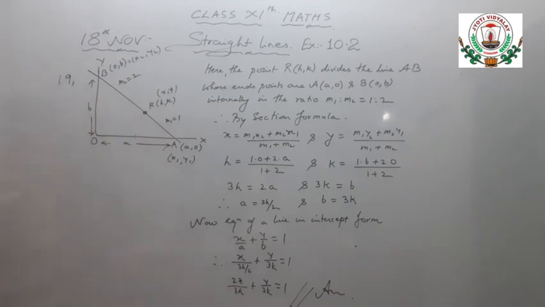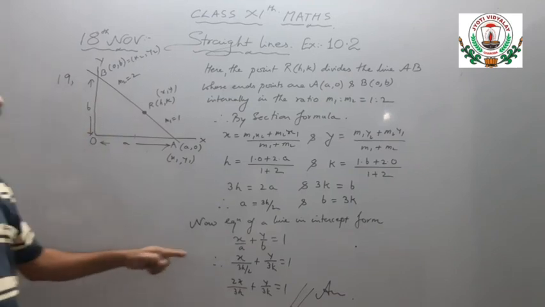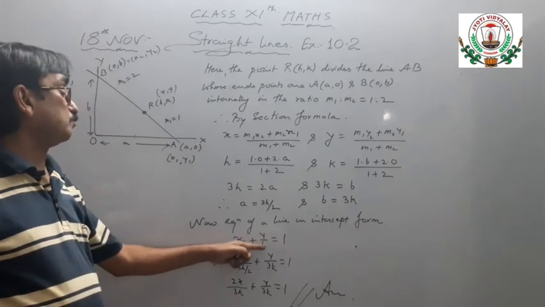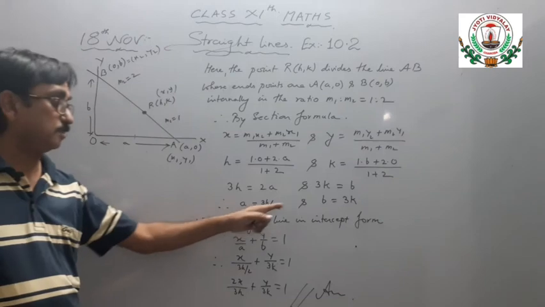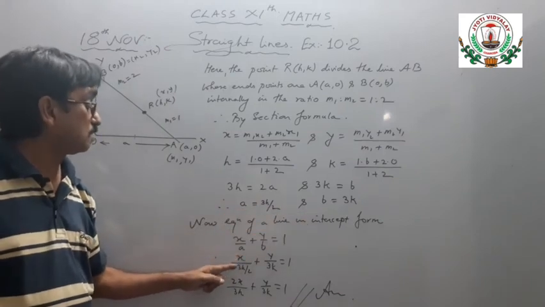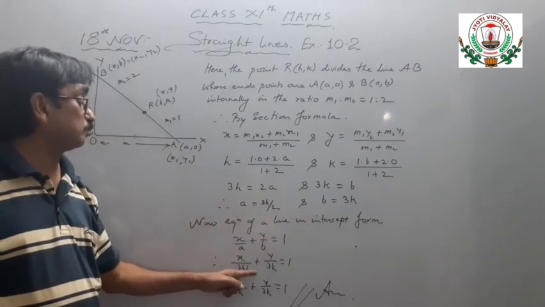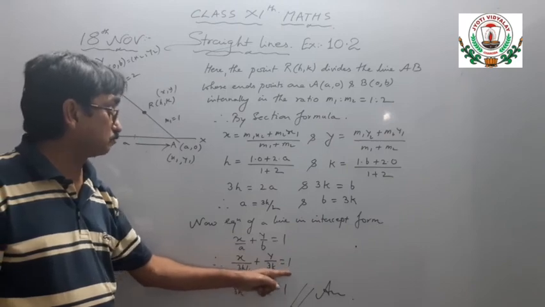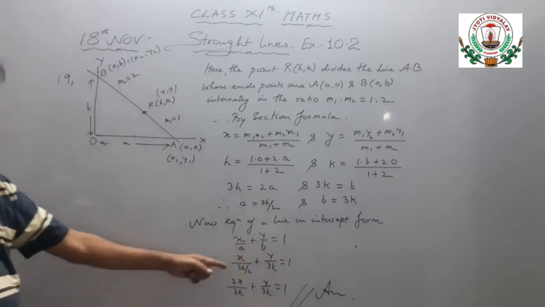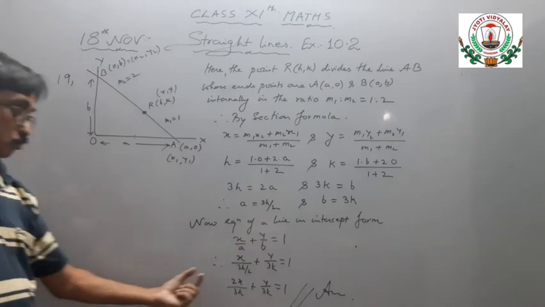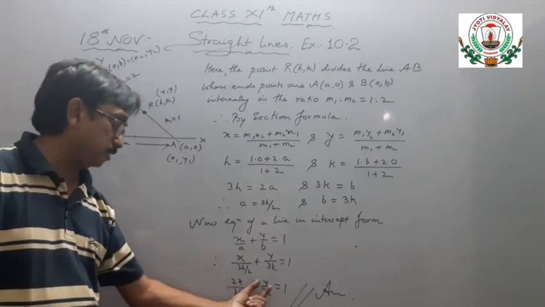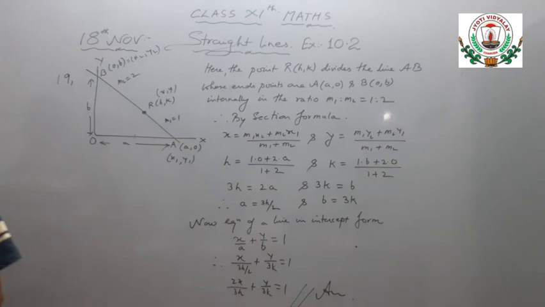So the equation of a line in intercept form is given by x upon a plus y upon b equals 1. We have already calculated the value of a and b, and we are going to substitute it here: x upon 3h by 2 plus y upon 3k equals 1. After the complete simplification, the required equation of the line we get is 2x upon 3h plus y upon 3k equals 1.